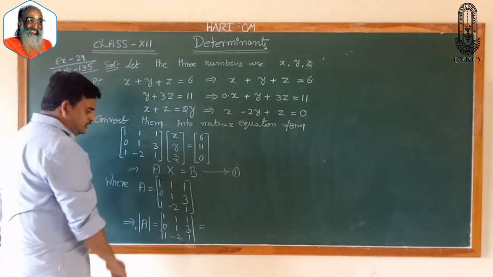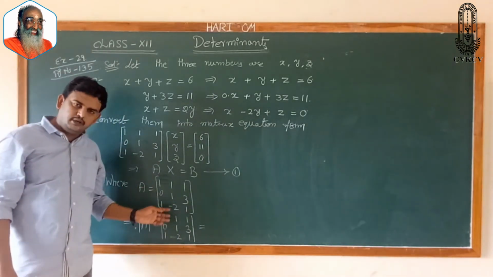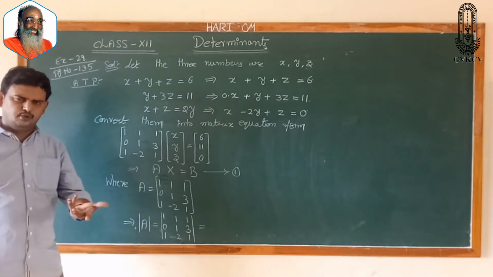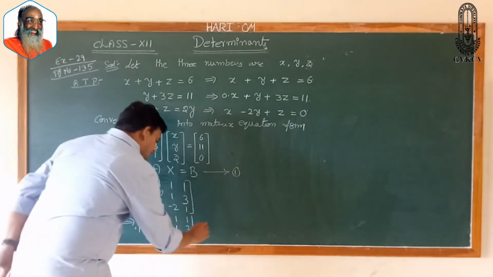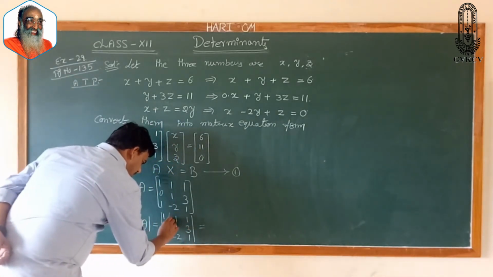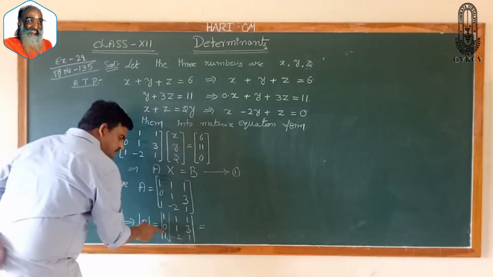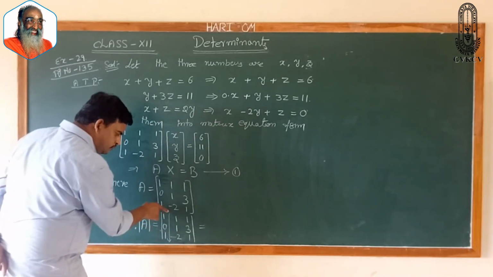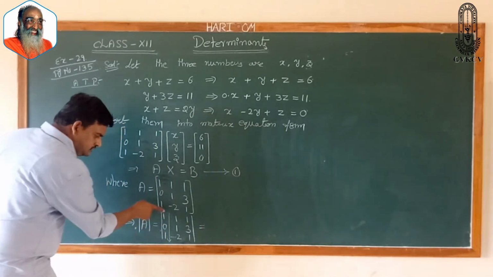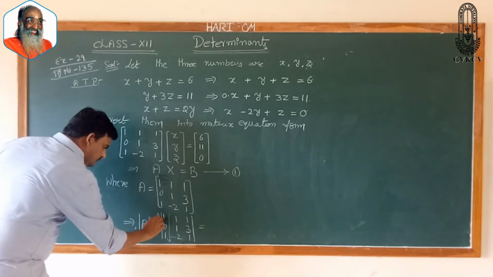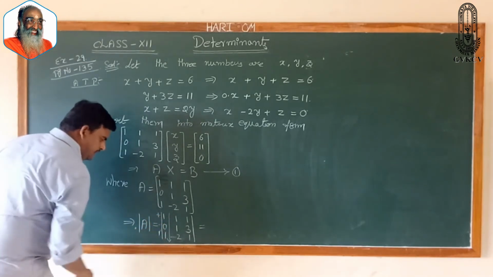Now you can expand with row 1 or with column 1 as you like, not at all a problem. I am going with column 1 expansion because I have 0. Once you go with column 1, here you have plus, minus, plus.